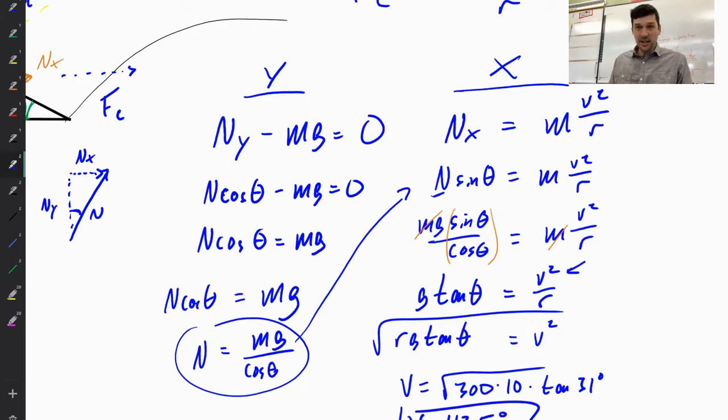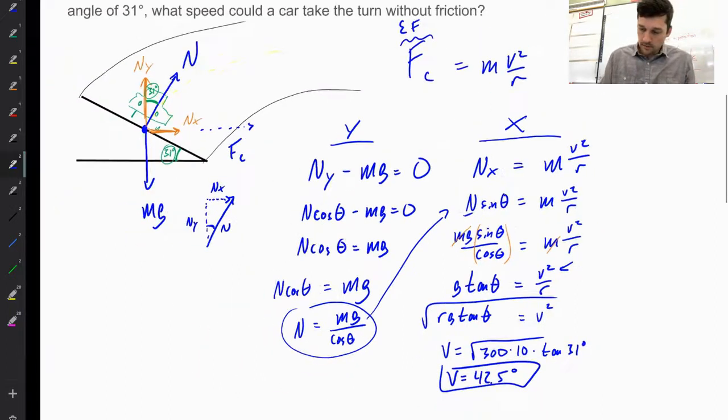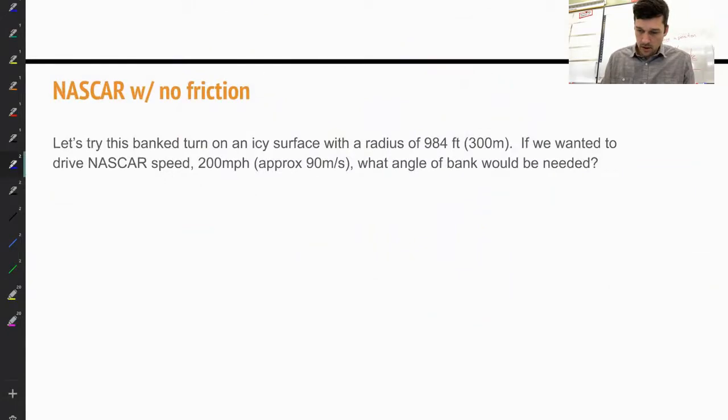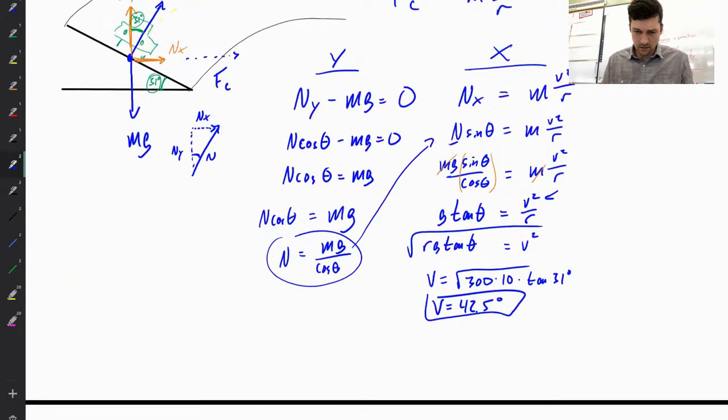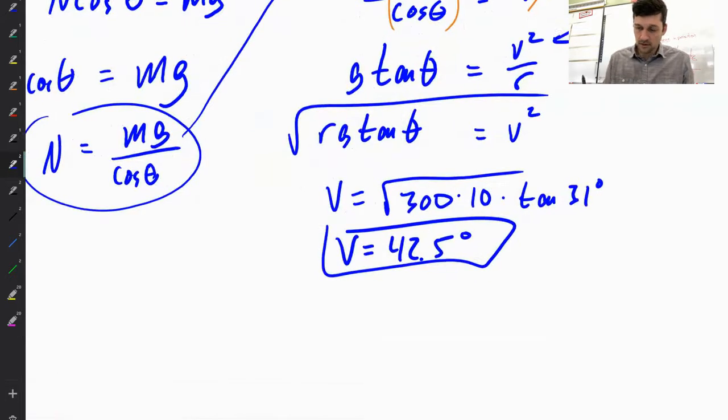That's somewhat excessive. That is even steeper than 31 degrees. So arguably unrealistic. All right. Oh, momentarily forgot what I was doing. 42.5 meters per second.